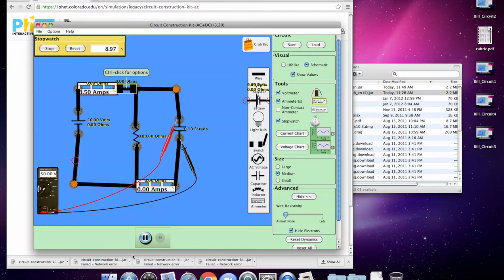Now if I move the voltmeter leads across the resistor, unlike when they were hooked in series, you'll notice there's a 50 volt potential drop across the resistor and the capacitor. When you hook components in parallel, they get the same voltage across them.